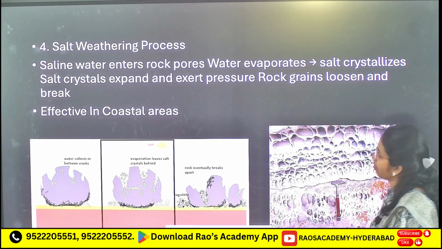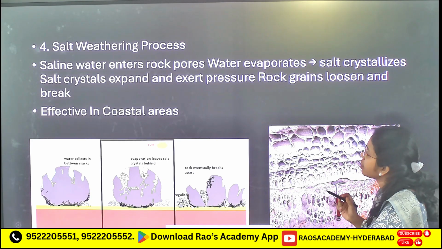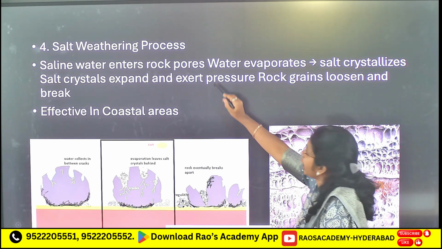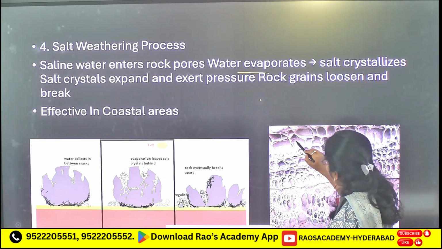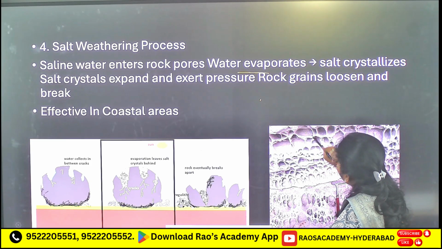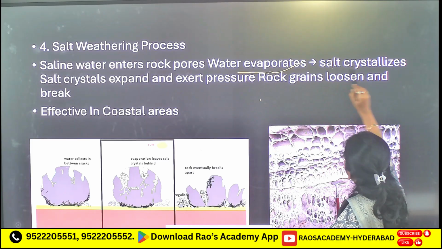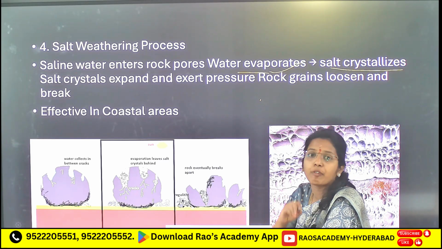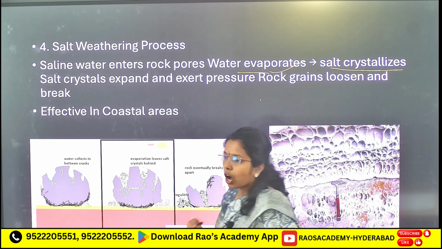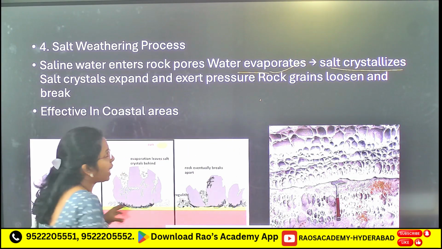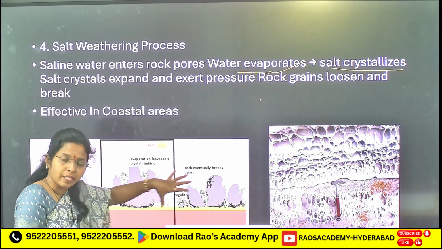Next, salt weathering. In the salt weathering process, saline water enters rock pores. After entering, water evaporates, salt crystals form, and the salt crystals expand and exert pressure on the rocks.